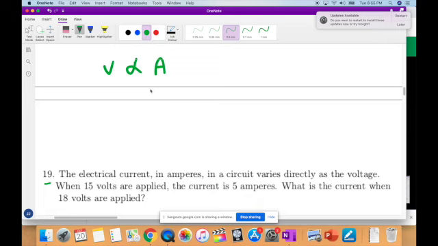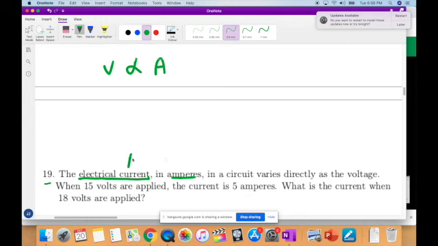And so the electrical current, now anybody who did physics will know that the symbol for current is actually I, right? But really and truly, in these maths, it doesn't matter what symbol you use. She used A in this case because it's amps.